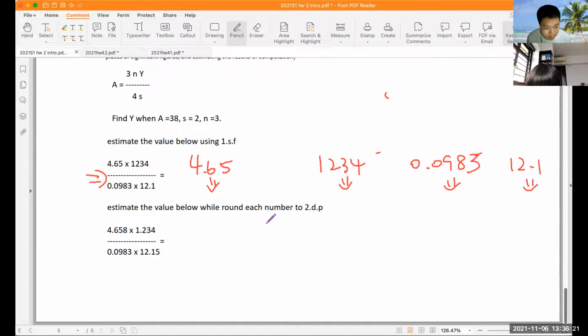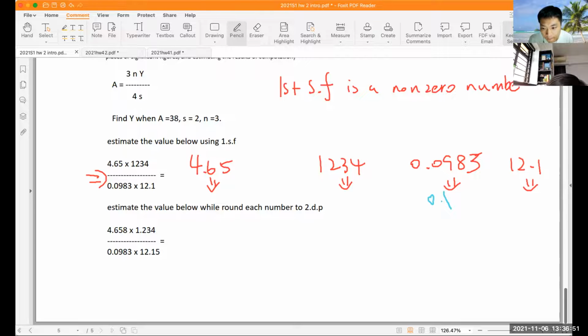Do you want to try it out first? Convert 4.65, 1234, 0.0983, 12.1. And remember, the first significant figure is a non-zero number.